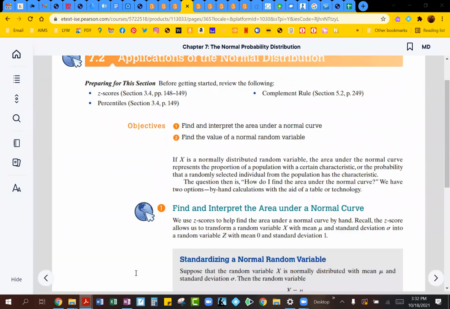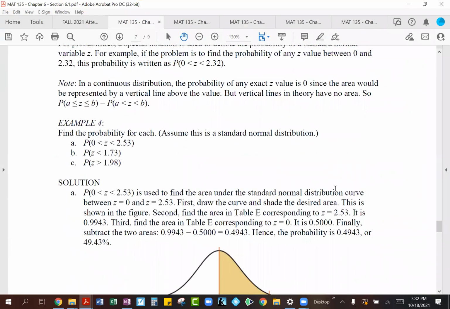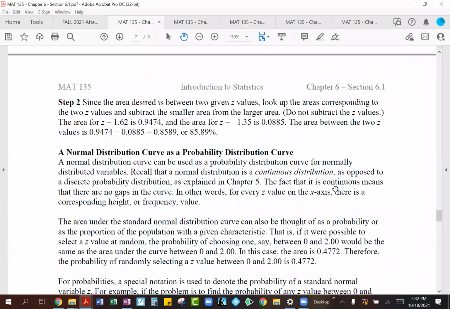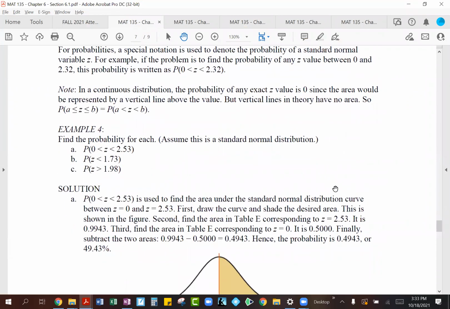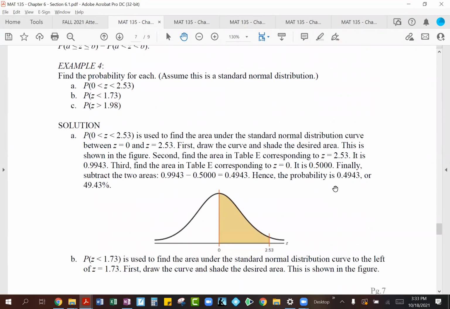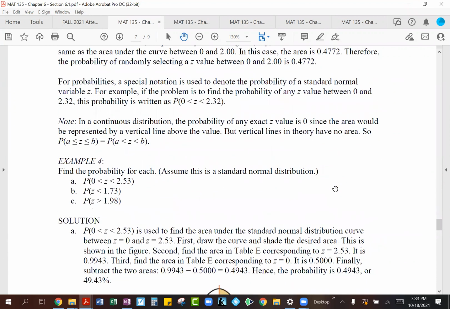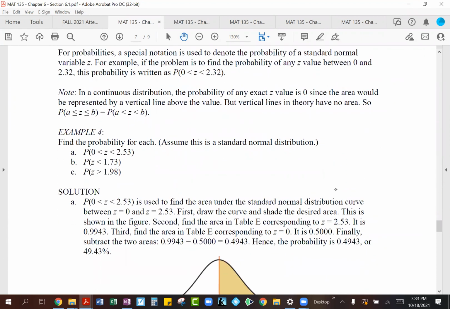So let's take a look at, I actually did want to do some of these generic questions. You know what? Let's do these since your textbook is not showing us this example. Let's take a look at this.